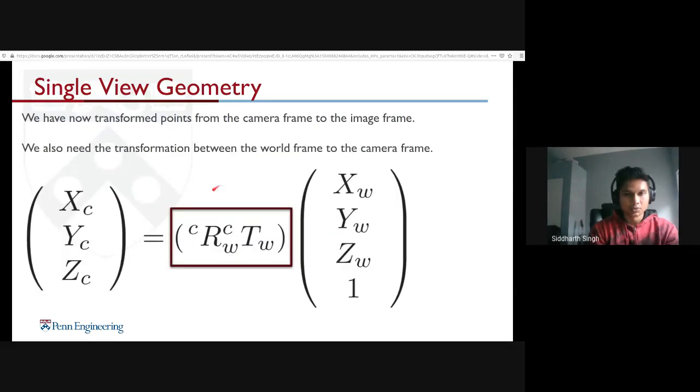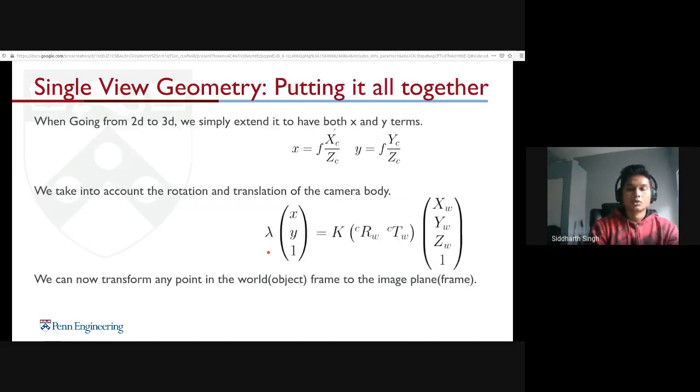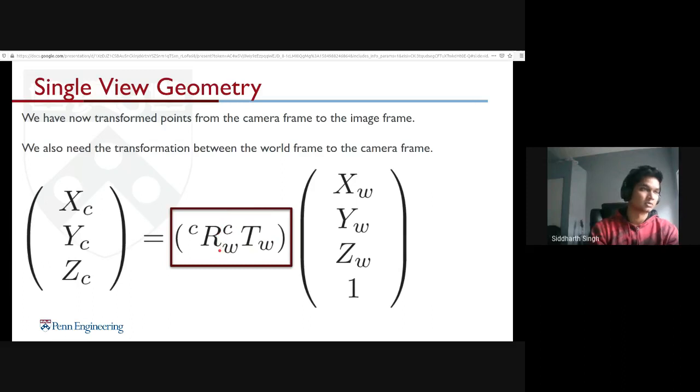So now we will talk about the R_CW and T_CW, which is the rotation of the camera with respect to the world, or translation of the camera with respect to the world, right? Now we put it all together, and these are things that we will find out. This is actually what we will try and find.